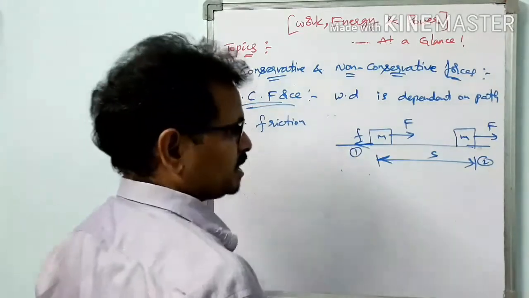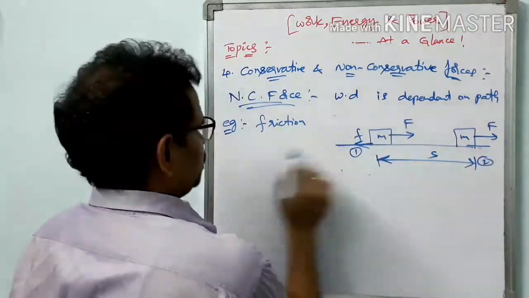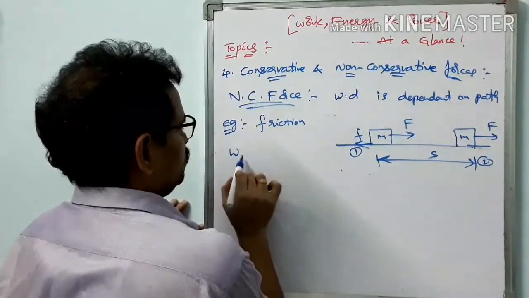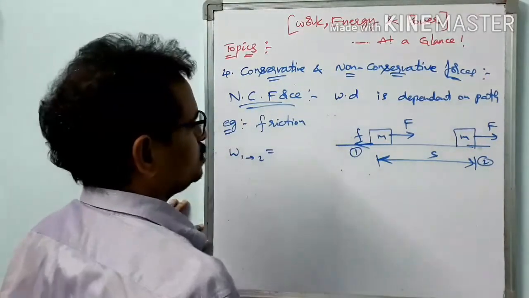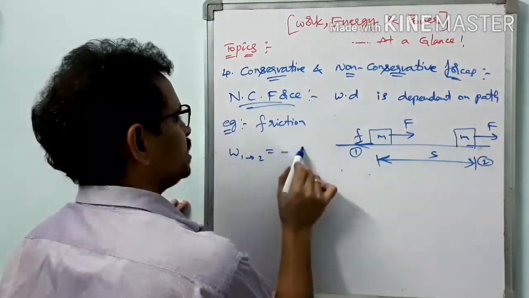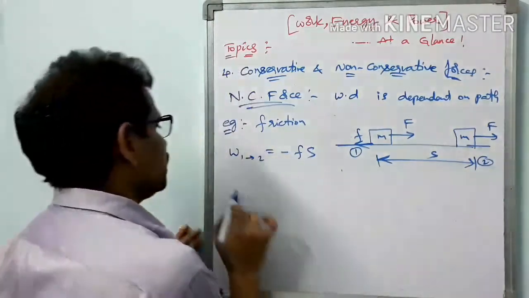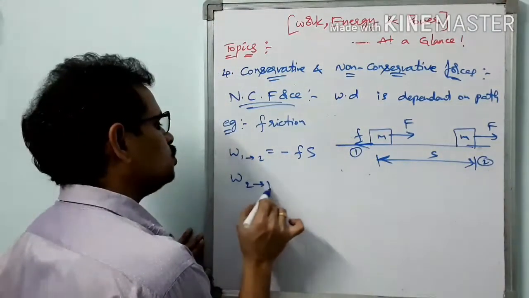Friction is acting in this direction. So what is the work done by friction? W1 to 2 equals what? Friction is leftwards and displacement is rightwards. So minus force into displacement, minus Fs. Got it?